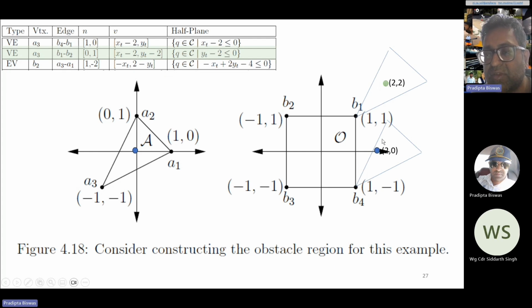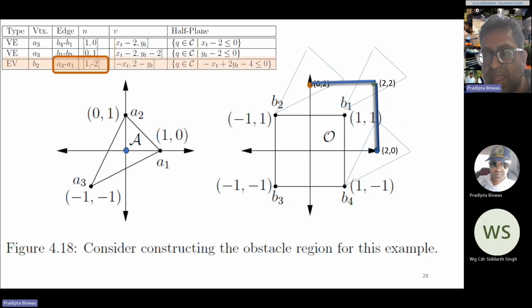So this is just dragging across this half plane. The V equation will be xt minus 2 and yt minus 2. And from that, we get the half plane equation yt minus 2 less than or equal to 0, which is this line.